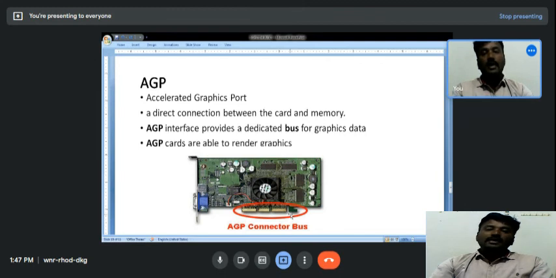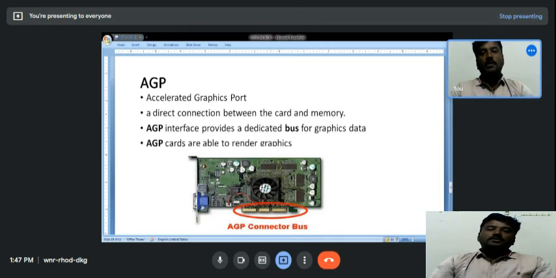Next one is AGP, accelerated graphics port. It is a direct connection between the graphics card and the memory. The AGP interface provides a dedicated bus for graphics data or animation data.